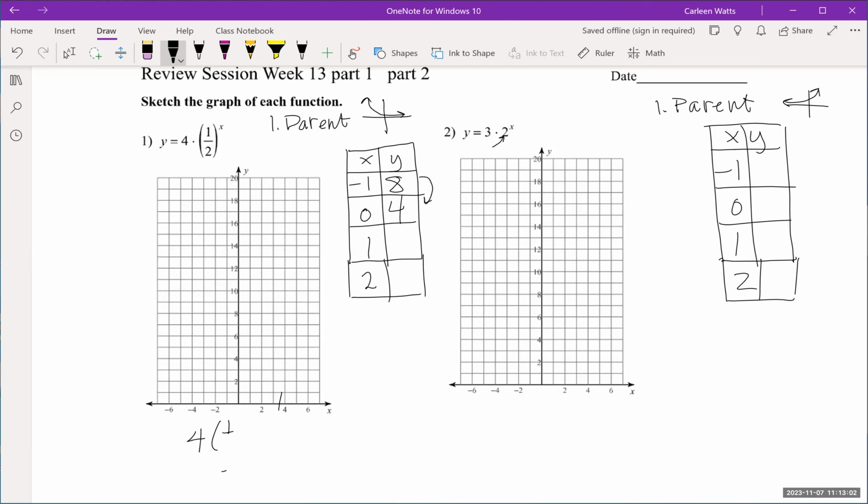4 times 1/2 to the 1. What are we going to get? Two. Okay, so my y value is getting cut in half.